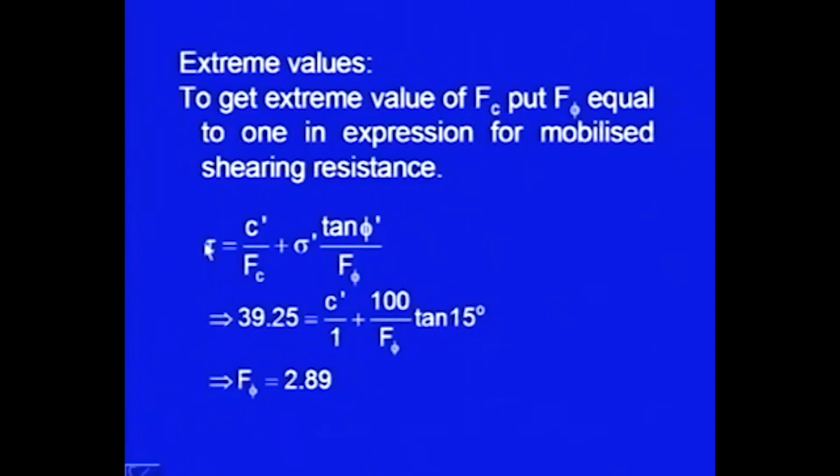So, here the mobilized shear strength was 39.25 and C dash, I am putting Fc equal to 1 and putting F phi as unknown, and when I put these values, sigma dash is 100, I get F phi equal to 2.89. So, this is one extreme combination. That means Fc will be equal to 1 and F phi will be equal to 2.89.